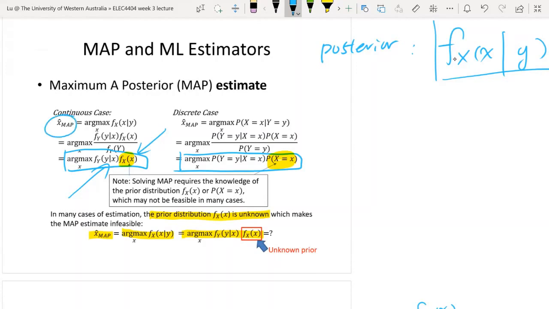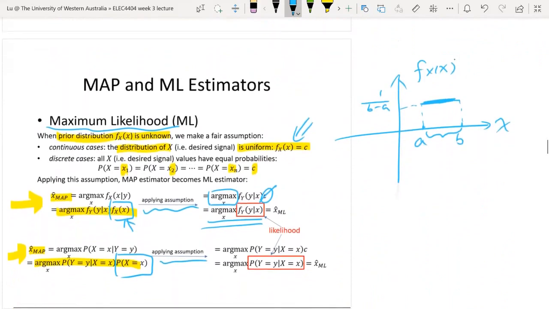But regarding the maximum likelihood estimation, because we assume the priors are following the uniform distribution, or they have all equal probabilities, then we can remove the knowledge requirement regarding the prior distribution. So the only thing left in this estimation is the likelihood.